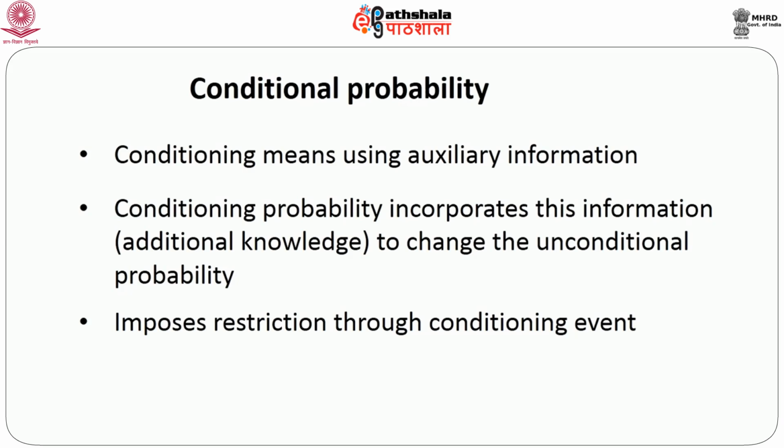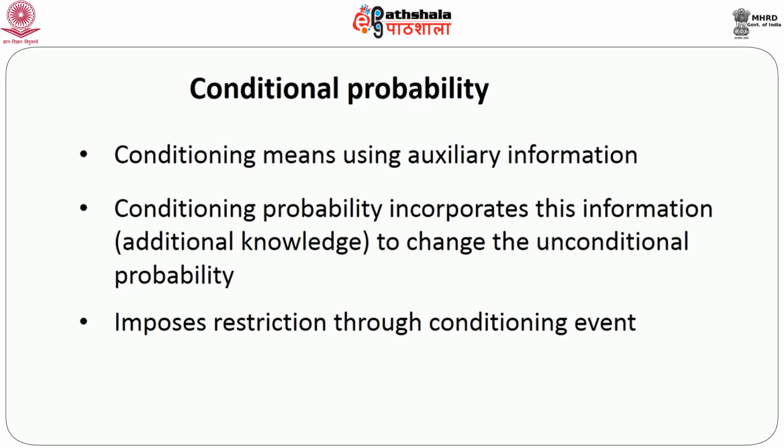So, conditional probability incorporates this additional knowledge to change the unconditional probability, because if we incorporate this auxiliary information, naturally the unconditional probability of a particular event is expected to change. This is the important part of studying conditional probability. It basically incorporates this additional information, and that will ultimately affect the unconditional probability of that particular event of interest.